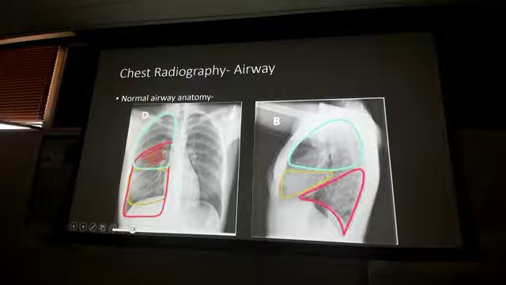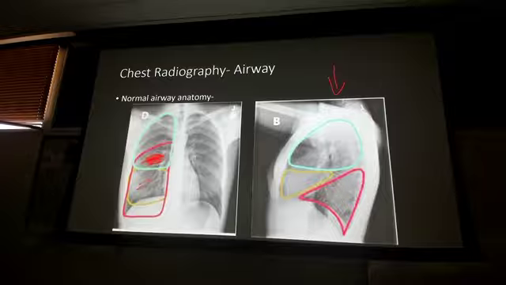There is a section of the lung where they overlap. So if I have a consolidation of fluid or a mass sitting right here, I don't know if that's an upper or lower lobe unless I have my lateral. Because what I can do is compare the area of abnormality with my lateral, and now I know it's upper lobe or lower lobe.